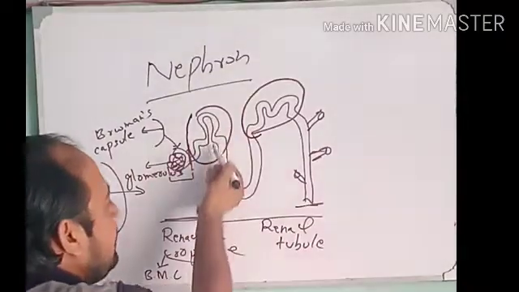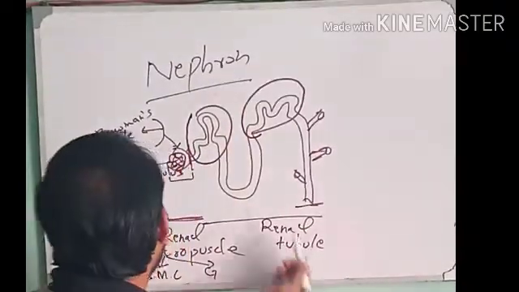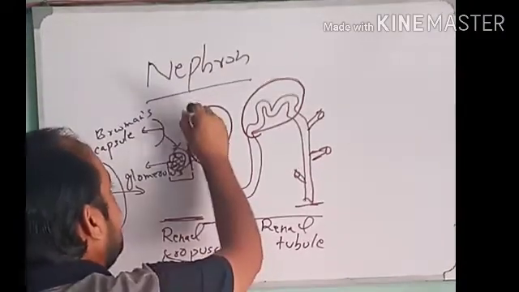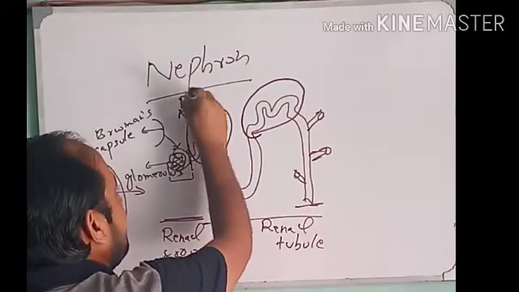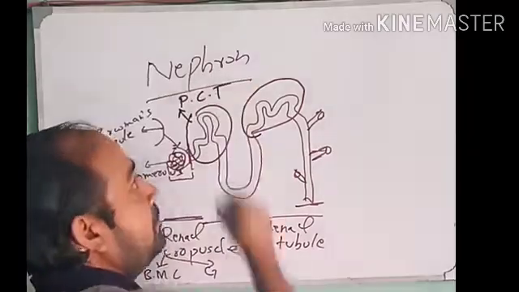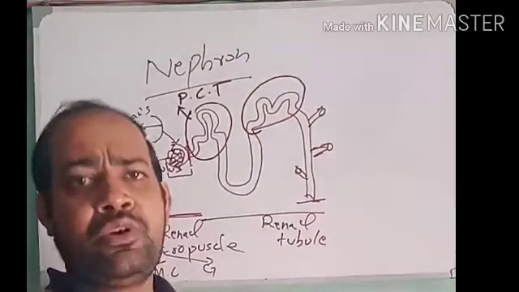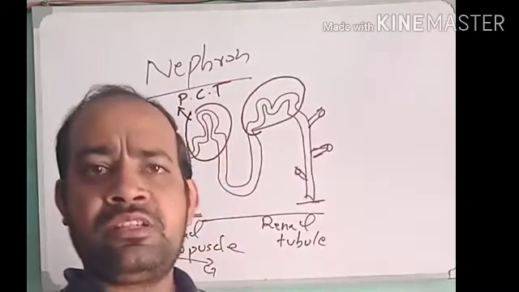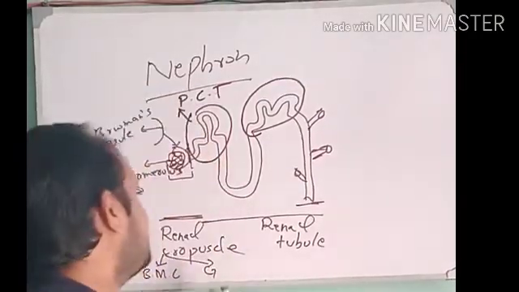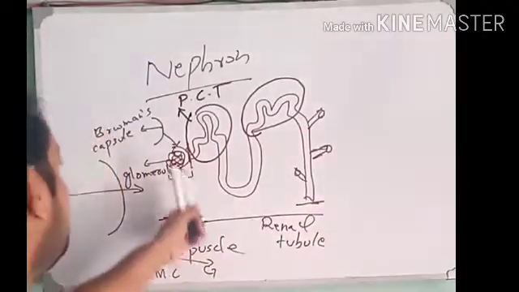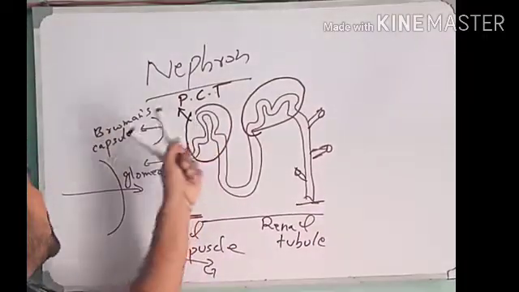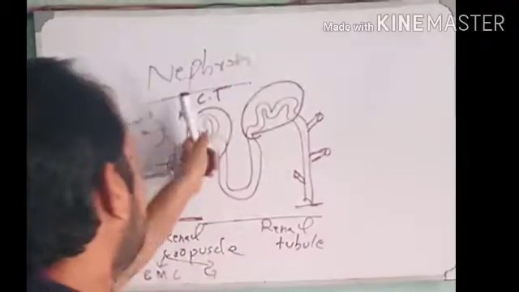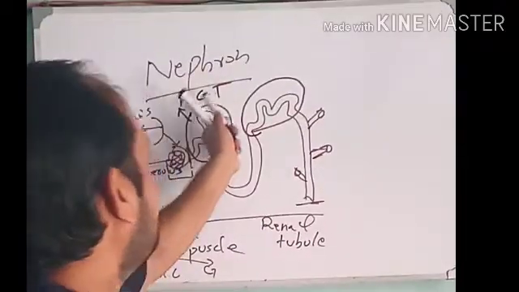Because this convoluted portion is very close to the Bowman capsule, it is called proximal convoluted tubule. The word proximal is used in anatomy to refer to something closer to the center.